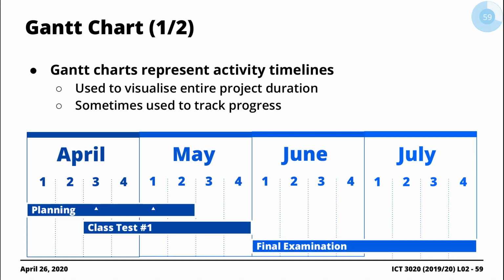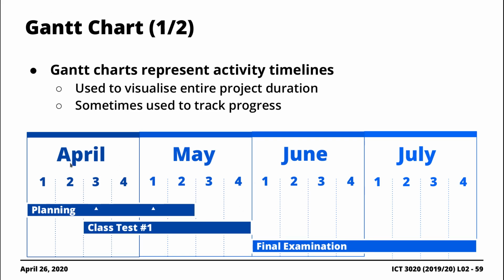So next up is the so-called Gantt chart. And usually your Gantt chart is used to visualize the entire project duration on the schedule associated with the project. So if you're working on a 1 year long project, as is the case for the 30/20 projects, which is almost 2 semesters, slightly less than a year, what you would do is you'd use a Gantt chart to try and visualize the different activities on the 1 year timeline.